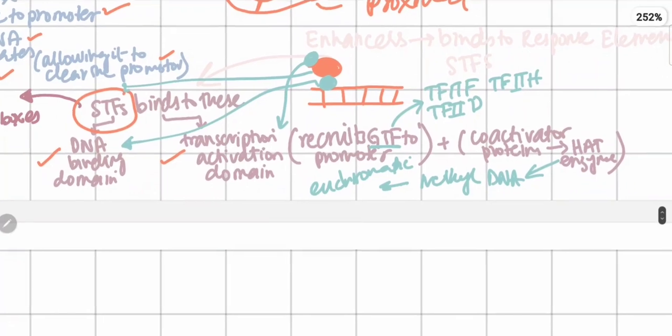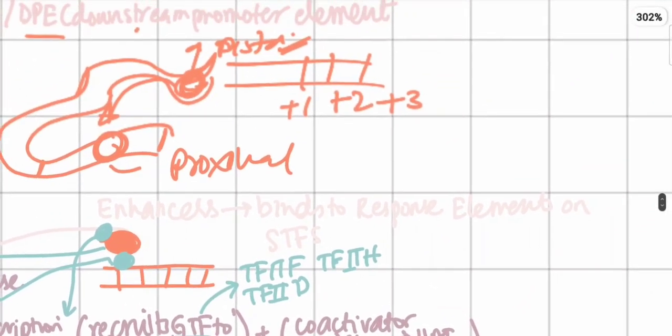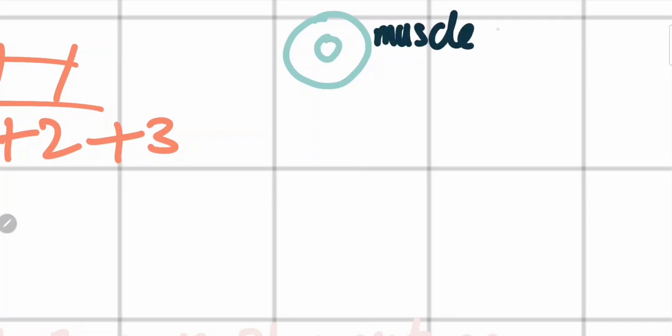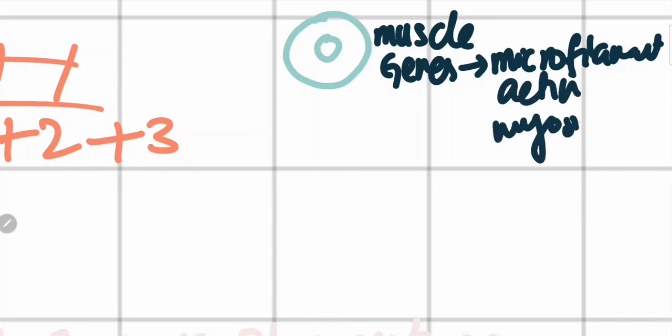Okay, one more thing here: why do STFs bring HAT enzymes? I'd like to elaborate a little bit on it here. You see, in different kinds of cells there are different genes activated. For example, this is a muscle cell, right? If this is a muscle cell, only the genes for microfilaments, like actin or myosin, will be activated, right?